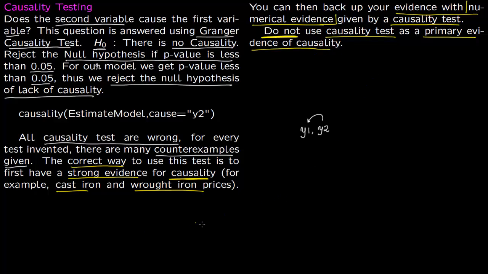People have constructed many series which show that these causality tests are wrong. So this should be taken with a pinch of salt. But again, if you have strong evidence, then you can always back yourself up with the numerical evidence. But do not use numerical evidence as the primary criterion, because this numerical evidence comes from applied mathematics.